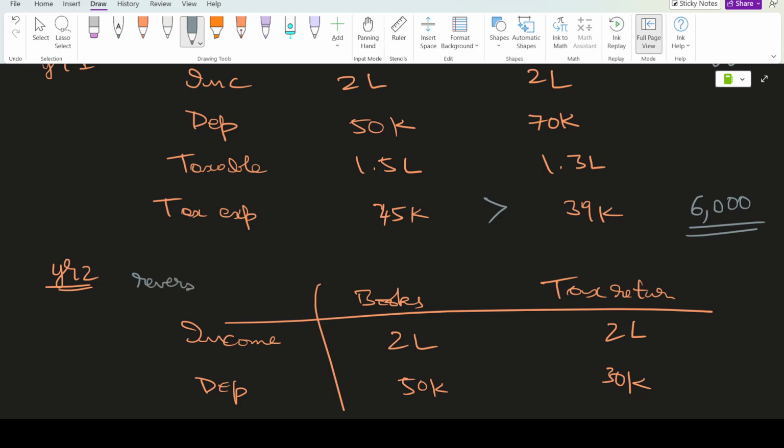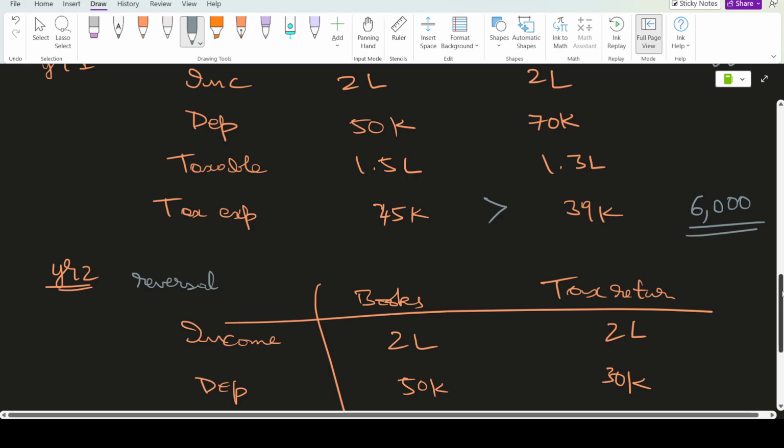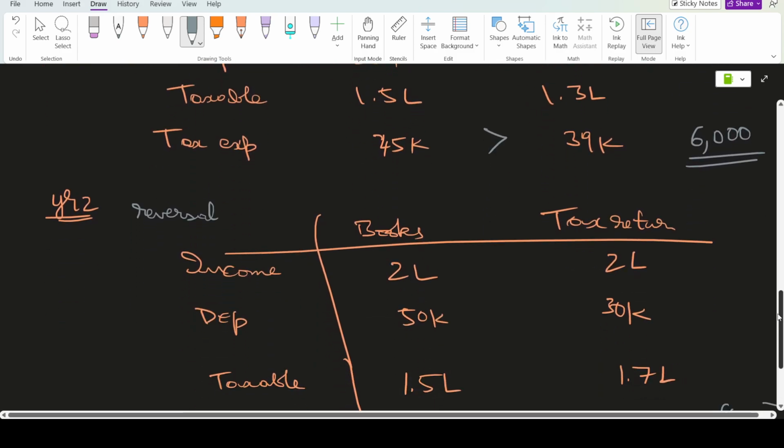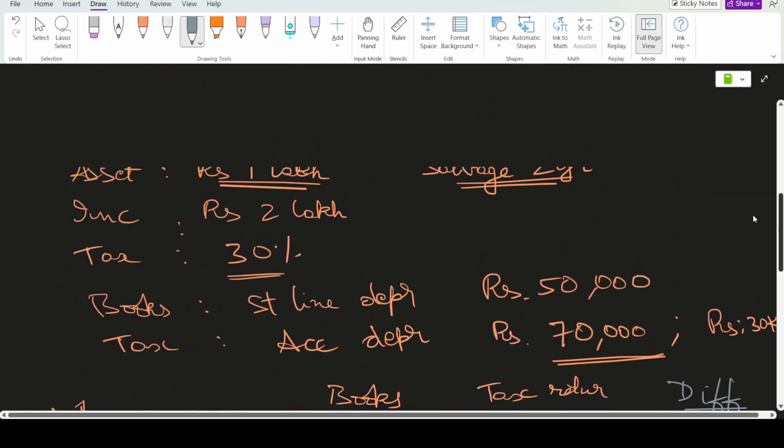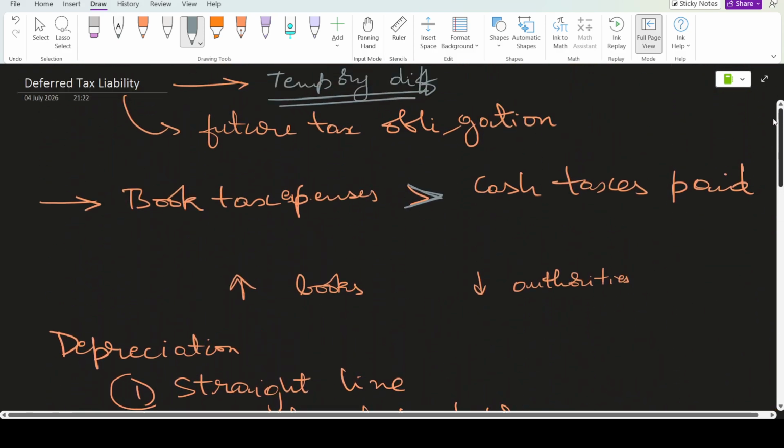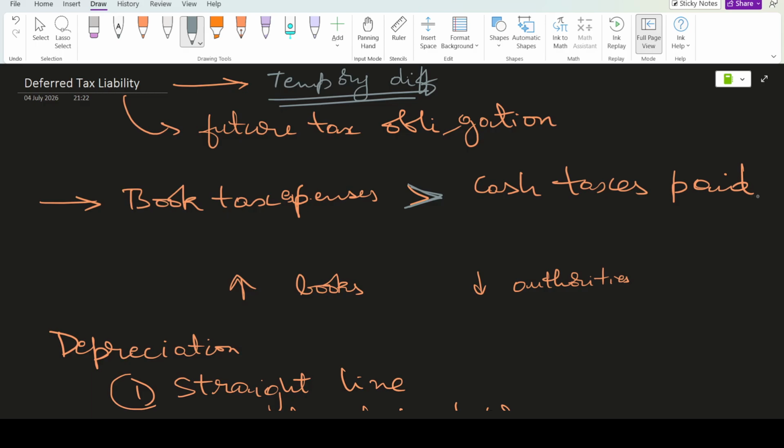This happens over a period of 5 years, 10 years, and I have given a very simple example so that the concept is very clear to you. So I hope I have made deferred tax liability sufficiently clear. In the same way, you can also create a deferred tax asset by having book tax expense less than the cash taxes paid.